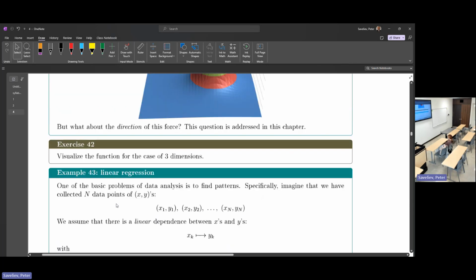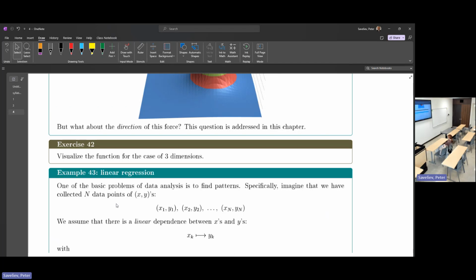Linear regression is another very important example of application of this high-dimensional geometry. So we have collected data points.